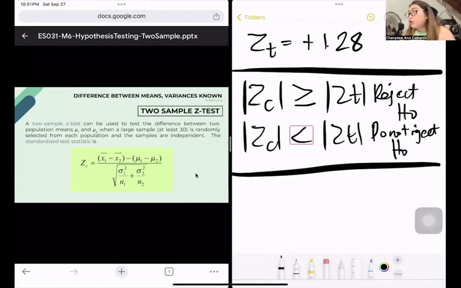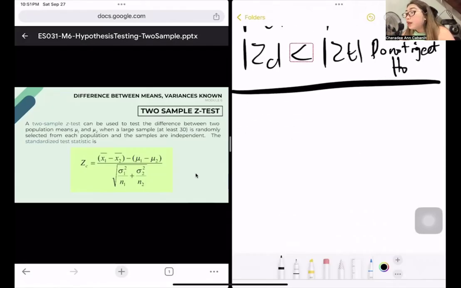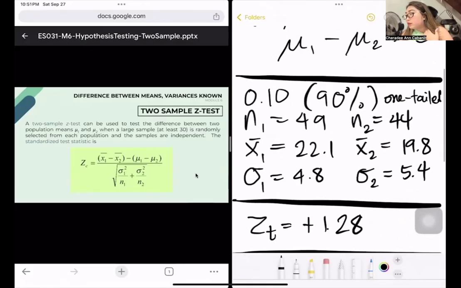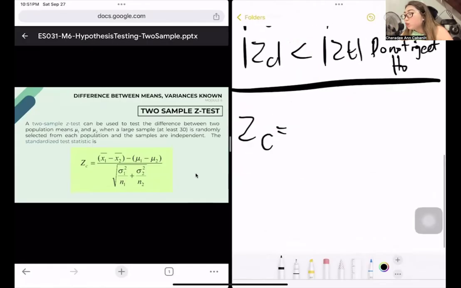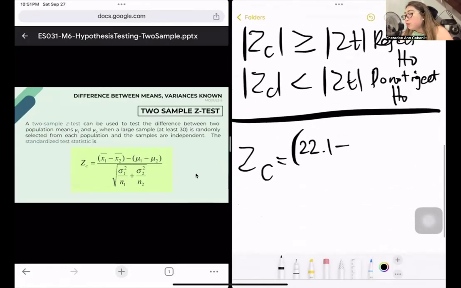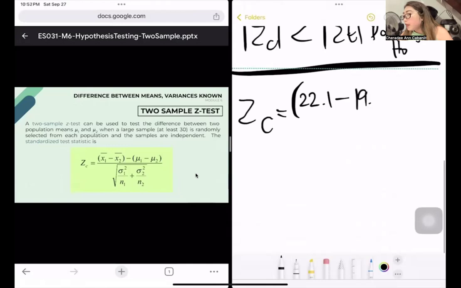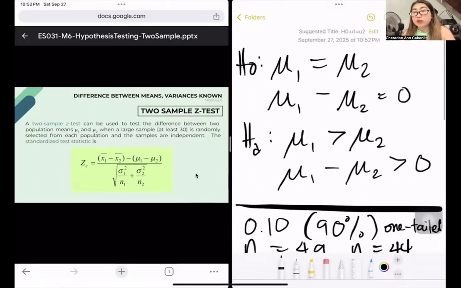Okay, and then you go now to your step 5, which is the computed value. So x-bar 1 is 22.1, right? So 22.1 minus 19.8. Now for the mu1 minus mu2, remember that your mu1 minus mu2 equals 0.